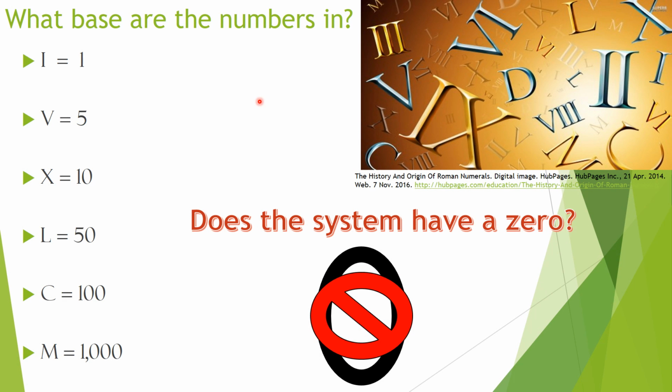What base are the numbers in? The base for Roman numeral numbers is basically what you saw on the slide before of I, V, X, L, C, and M. These letters basically in different combinations make up the entire Roman numeral system.